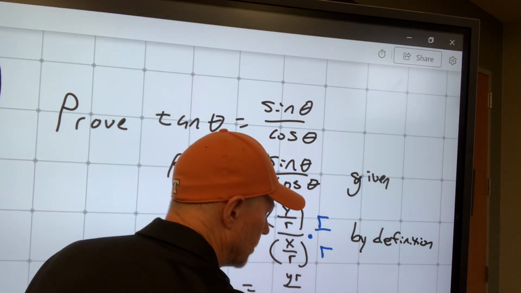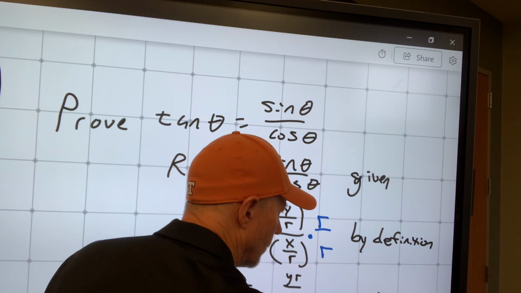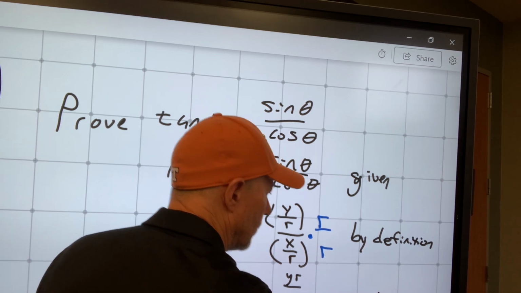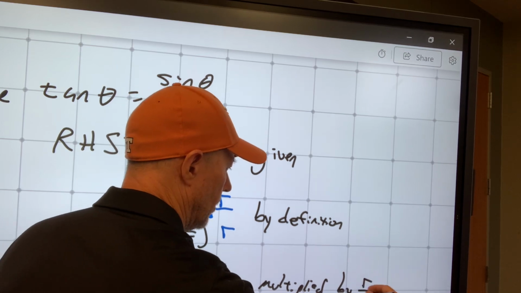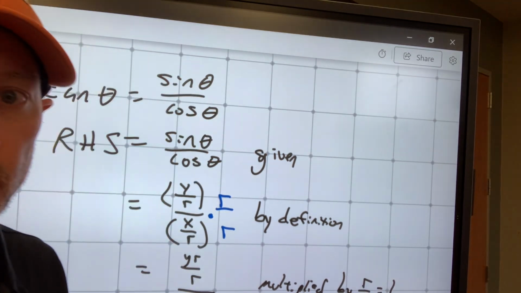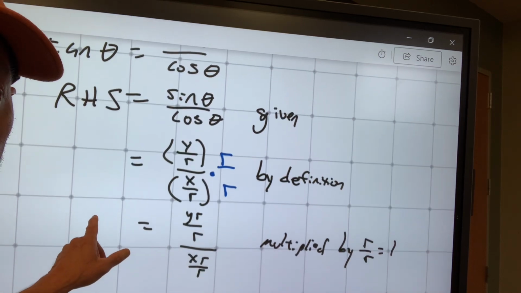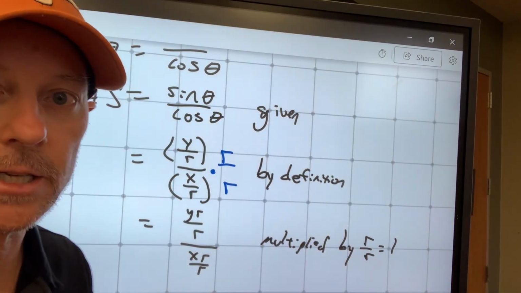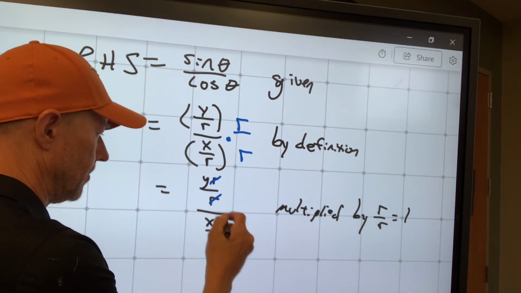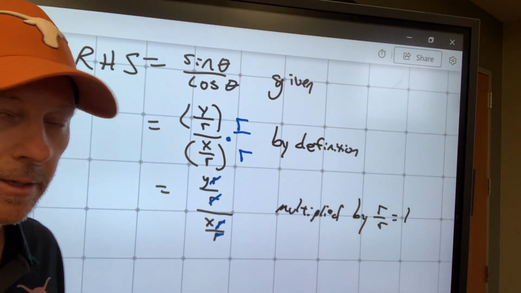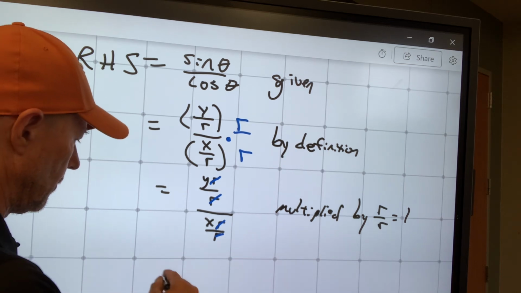And we just multiplied by r over r, which equals 1. And if you multiply by 1, you don't change the expression's value. But we clearly see now this reduces, which is, I almost did that earlier, but we'll do it now.